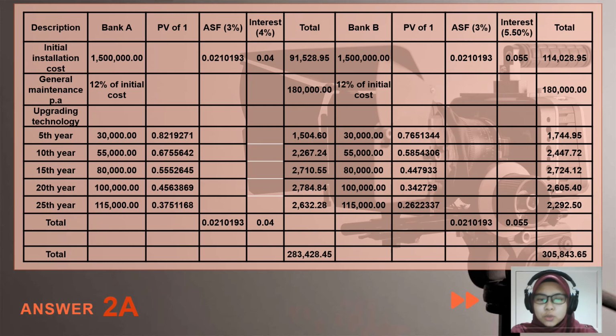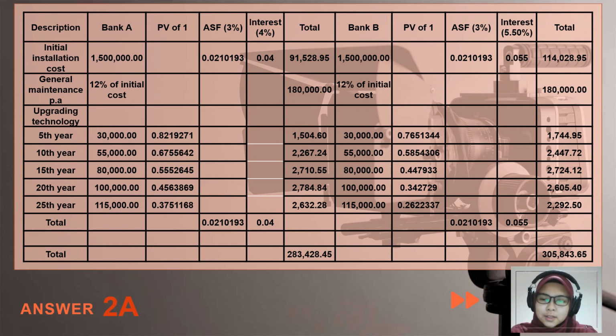The same goes for Bank B, where we already have the value for every 5 years. Thus, we have to find out the present value of 1 at the interest rate of 5.5% from the Parry's valuation table. Thus, it is to be times with the cost and with the ASF value plus the interest rate of 0.055.